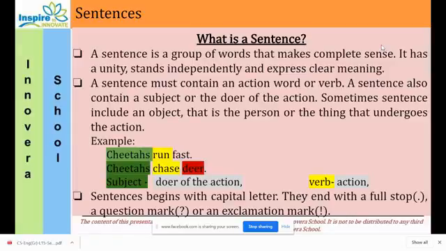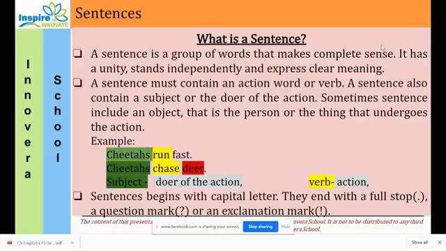Without a verb, it is not possible to write a sentence. A sentence also contains a subject or the doer of the action.